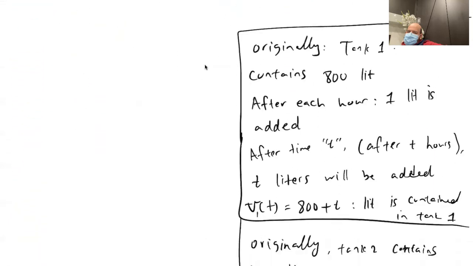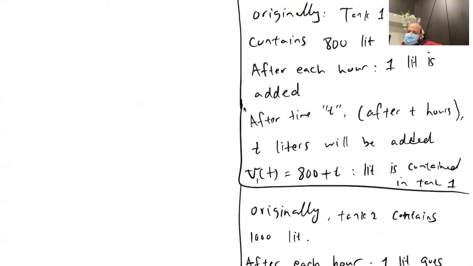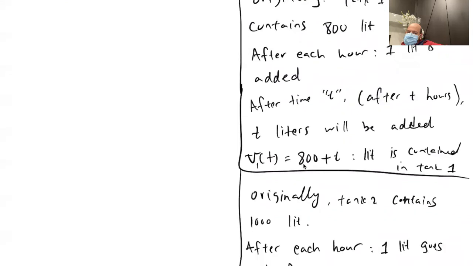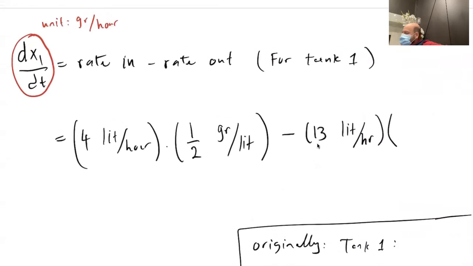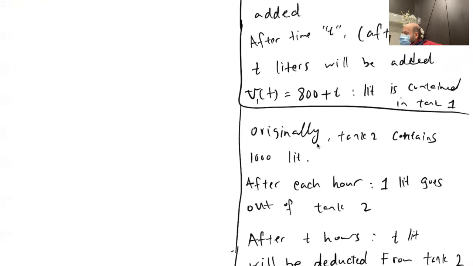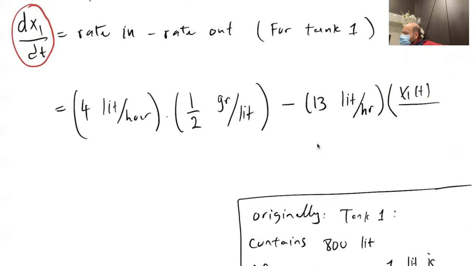We already calculated it. It was 800 plus t. So this should be minus 13 liters per hour times x1 of t divided by V1, which is 800 plus t, in grams per liter.